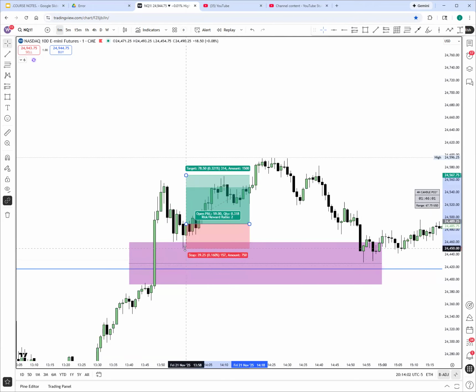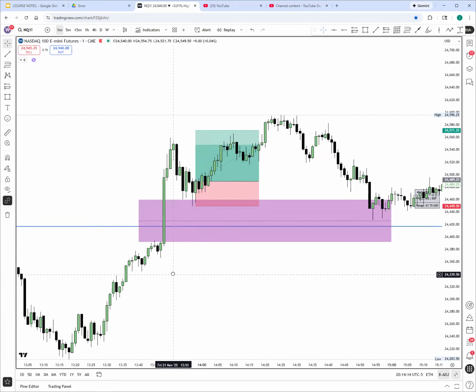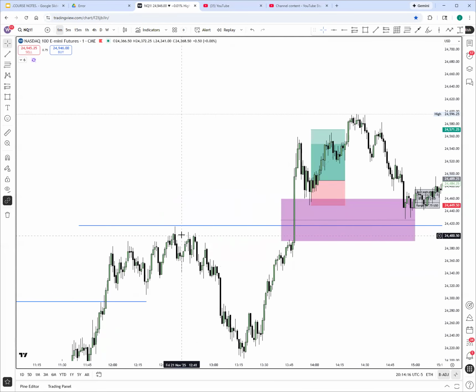So I got in on that trade, entry here, and then I targeted a 2-to-1. Typically you want your trades to be at least 2-to-1. And you can see how this trade worked out from a continuation. Looking over here, you got your market structure shift, and we market structure shift here with this displacement candle.